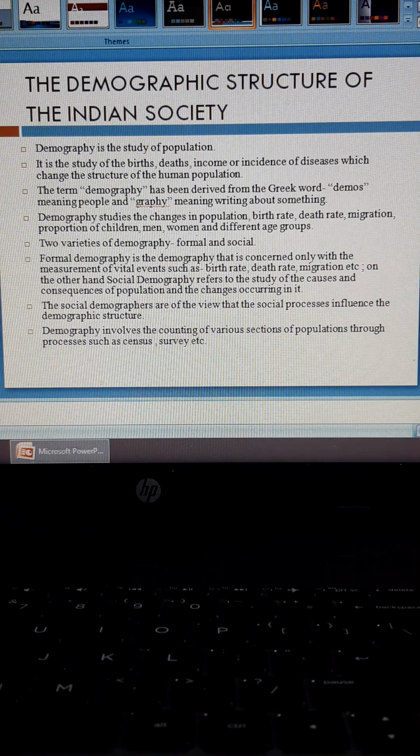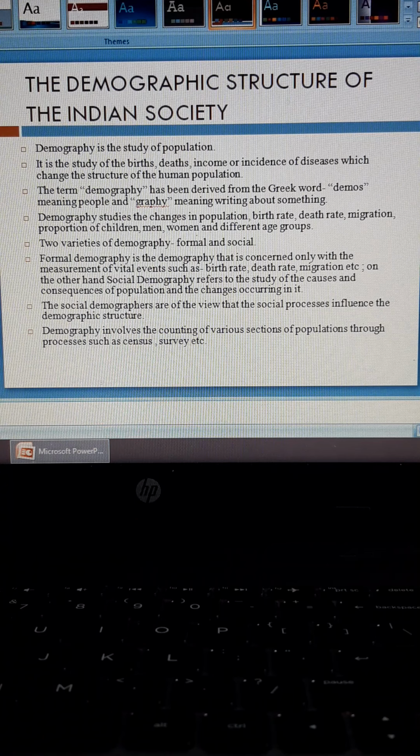Alright, the next point: social demographers are of the view that social processes influence the demographic structure. They say that all the social events happening in the society, in the country, influence the population structure of a particular country.